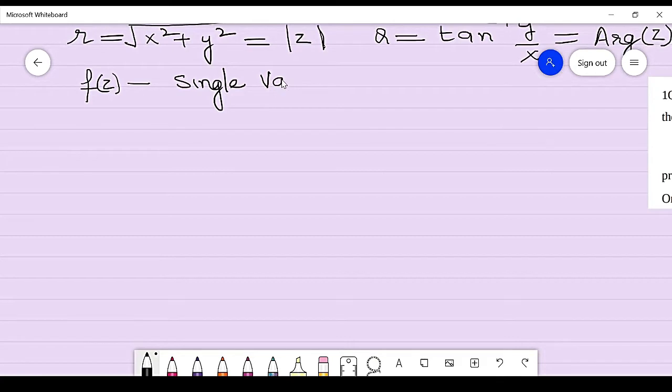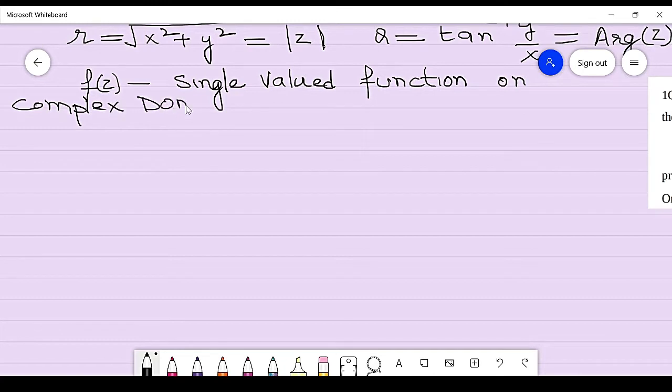So let f of z be a single valued function on a complex domain D. So remember, it is a single valued function in the domain D.